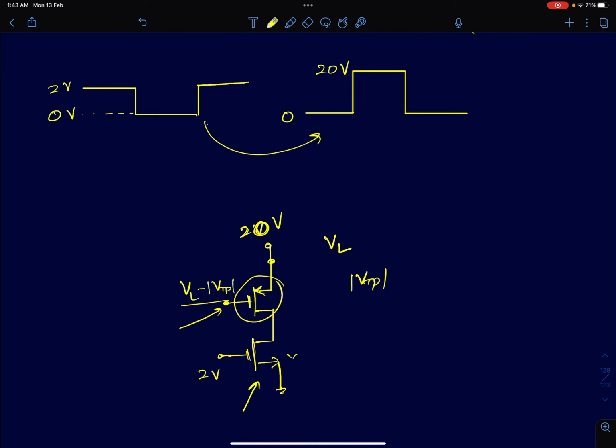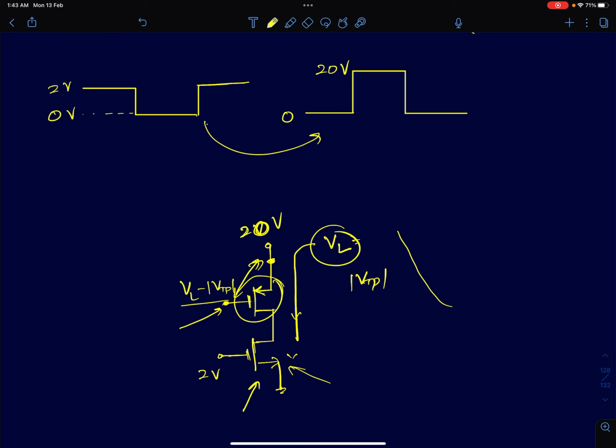Now this node is getting discharged. So from 20 volts, it keeps decreasing and decreasing. When it reaches a value of VL volts, even though NMOS is fully conducting and ready to receive the current, the series PMOS device is turned off because its VGS becomes 1 mod VTP, right? So gate is at mod VTP lower, so VGS becomes just equal to 1 mod VTP, so it stops conducting.